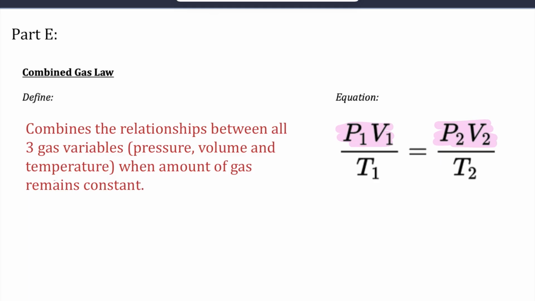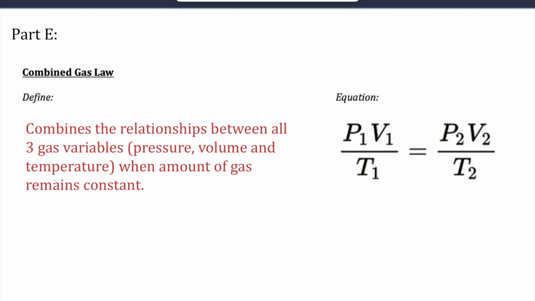So if our temperature isn't changing, we can get rid of just those temperature variables and we end up with Boyle's law. If we are just looking at the pressure and temperature relationship and volume isn't changing, then we're able to just cancel those out and we get Gay-Lussac's law.